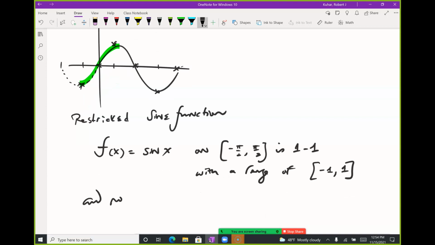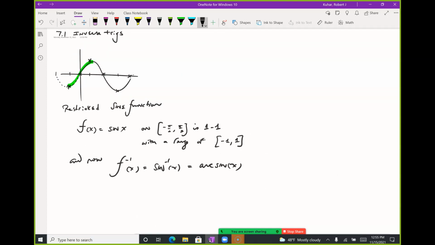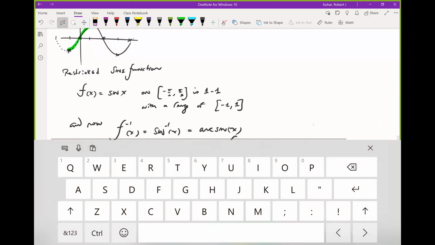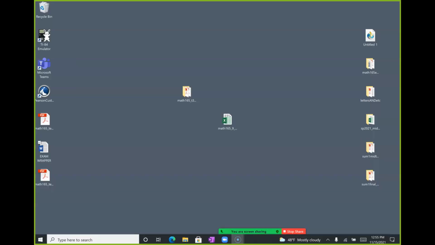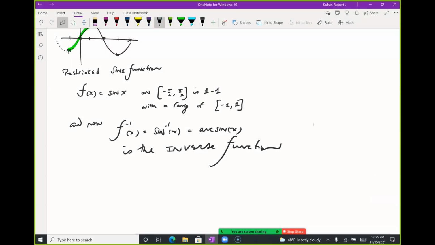And now f inverse of x, which is sine inverse of x, or the arcsine of x, is the inverse function. I tend to use the arcsine notation just because a lot of students confuse that reciprocal looking notation, which by the way is not a reciprocal, it means inverse, right? So I tend to use the arcsine most of the time when I'm doing problems.